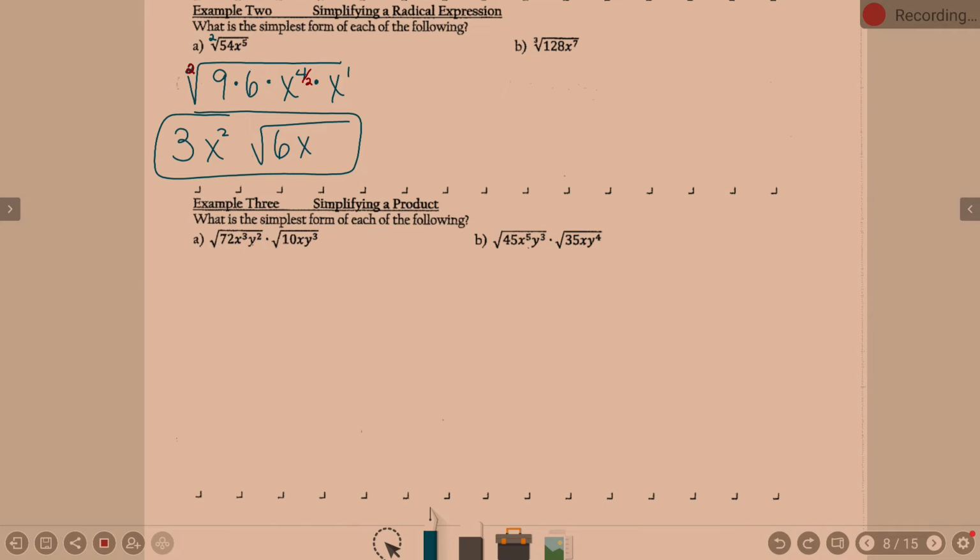Now, what I do is I look at the numbers. 128 is not on the list. So I want to see, does 128 divide by any of these numbers here? So I take my calculator, and I'm going to try. I usually start right there, unless I see something. Does 128 divide by 125?